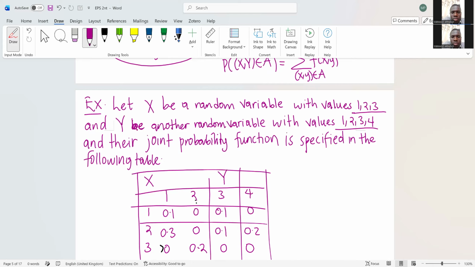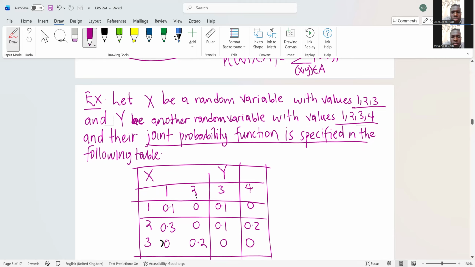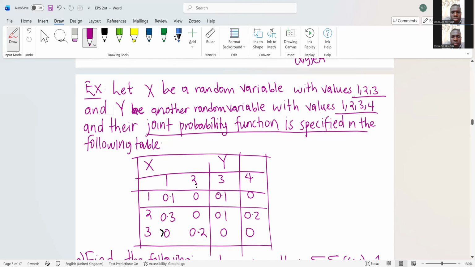So it is X together with Y, jointly distributed. X is a random variable which takes values 1, 2, 3, and Y is another random variable which takes values 1, 2, 3, and 4. And their joint probability function is specified in this table. So this table is also given. Kindly take note of this table.